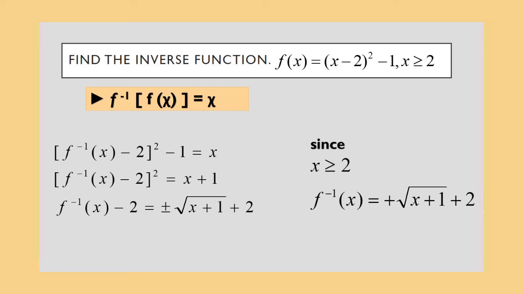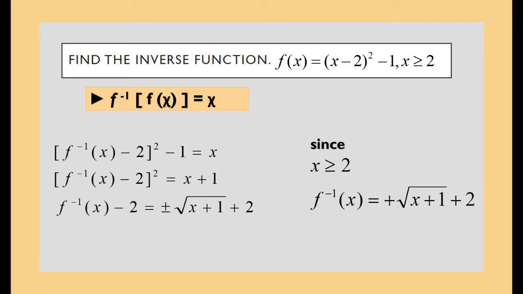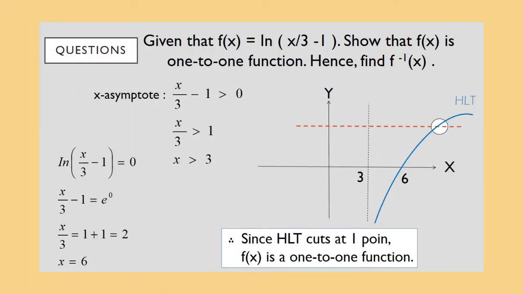To know whether our sign is positive or negative, we should look at our condition. Conclusion: since x must be more than or equal to 2, f inverse x equals positive square root of (x plus 1), plus 2.